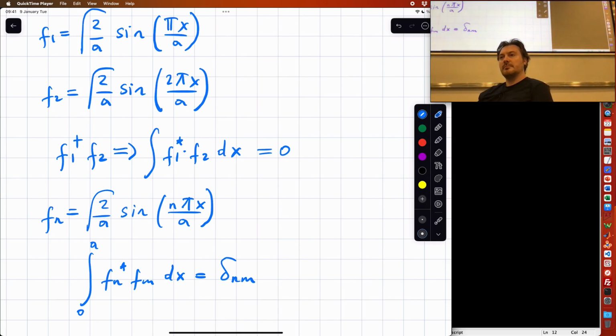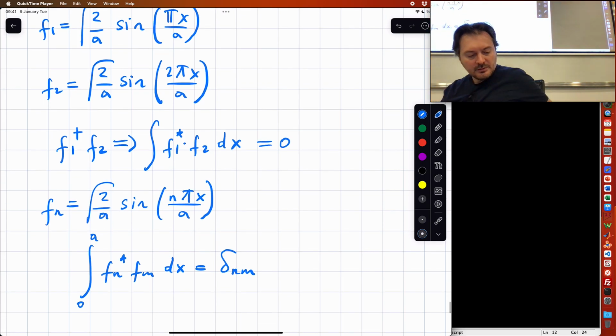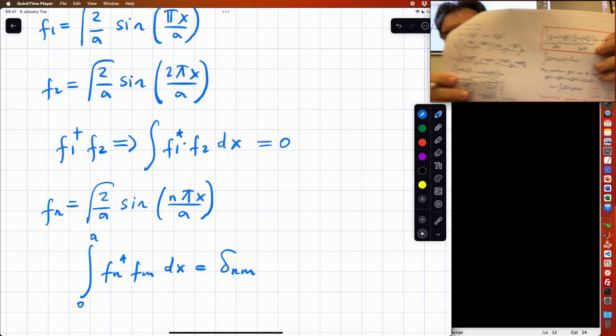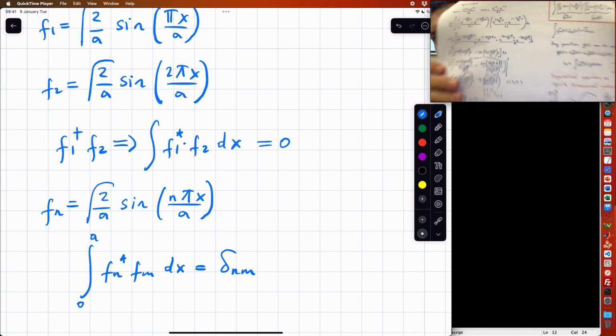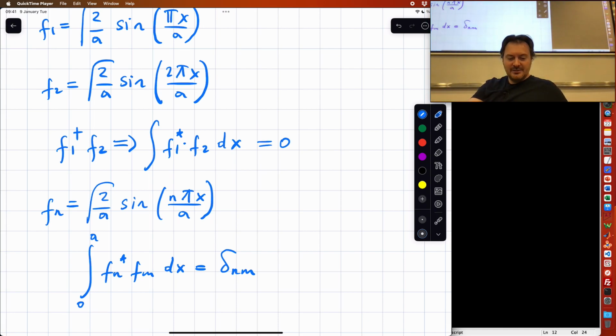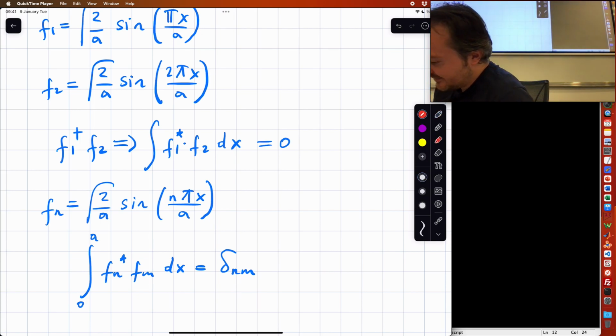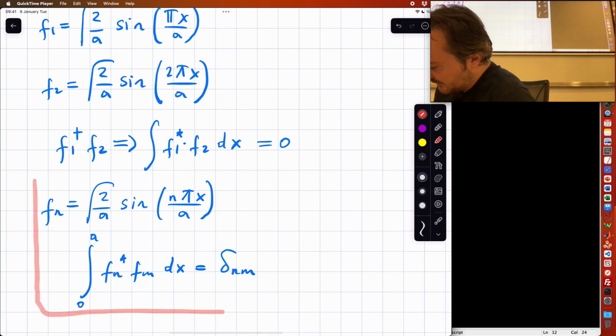That's how we know it. In previous courses, I used to derive it like this, and now I'm not deriving it. I've learned my lesson.